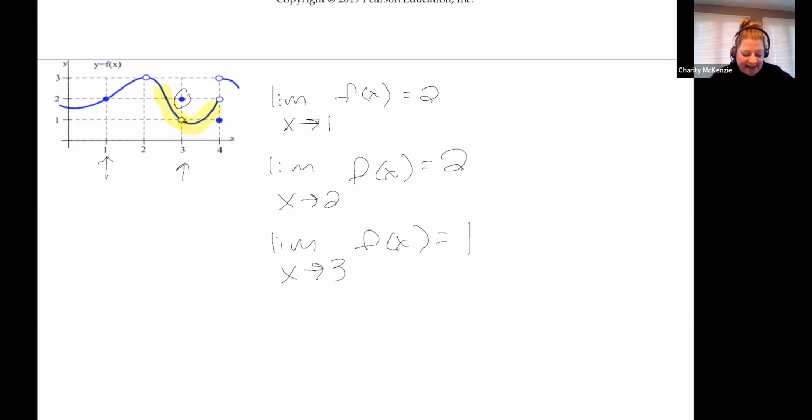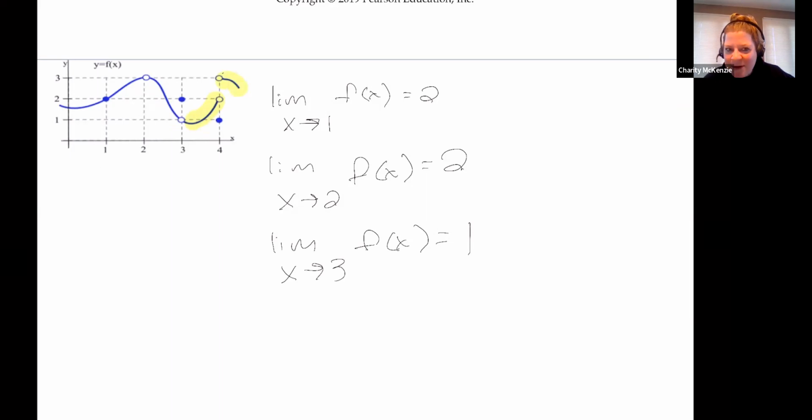Okay, and then here, this is our first one that's going to be a little different. So we're looking at this last one here. It didn't erase my pencil. That's all right, it doesn't matter. There it goes. At this last one, as I approach from this side, I'm going to 2. But as I approach from this side, I'm going to 3.